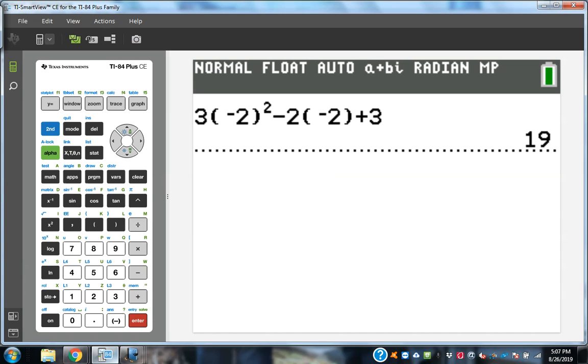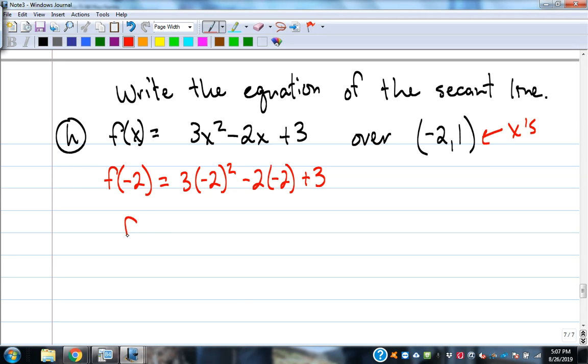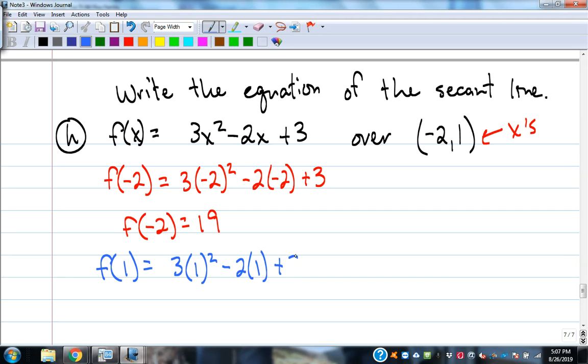Positive 19. All right, so f of -2 is equal to 19. And then I'm going to work out f of positive 1. May not need a calculator for that. 3 minus 2 plus 3. So that'd be 6 minus 2 is 4. So I have another ordered pair. f of 1 is equal to 4.